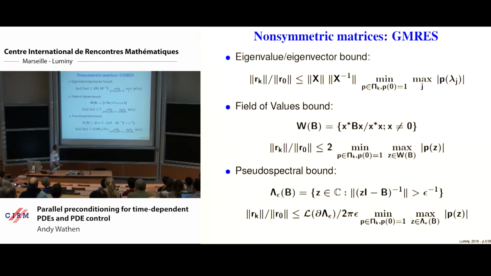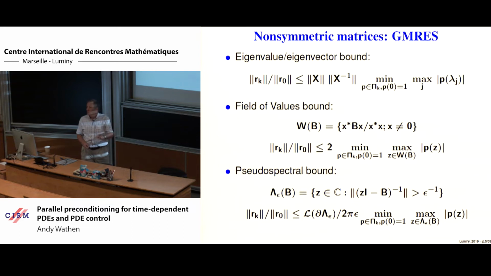And then L, this is the length of the boundary of the pseudospectral set, and this is just the circumference of a circle of radius epsilon.